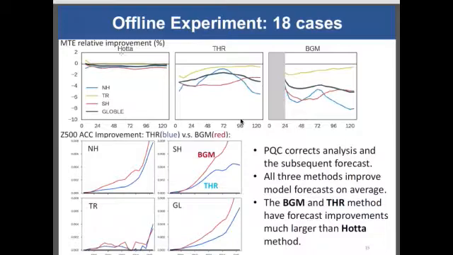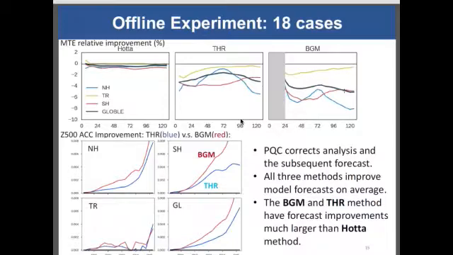But the threshold method, you can see on the global average on the fifth day, that's around 3%. And then the beneficial growing mode, we can see that on the fifth day it's around 5%. So this is verifying against the control analysis.